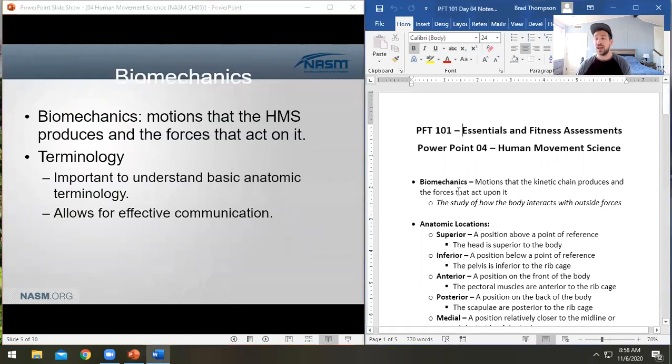So as a community we study proprioception using what we call biomechanics, right? Biomechanics are the motions that the kinetic chain produces and the forces that are acting upon it. It is the study of how our body interacts with outside forces.